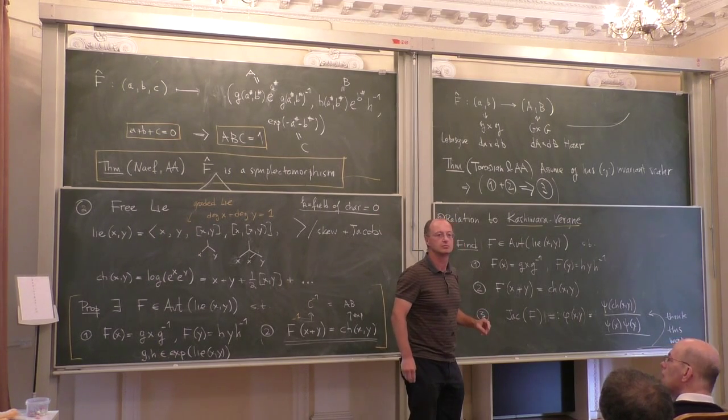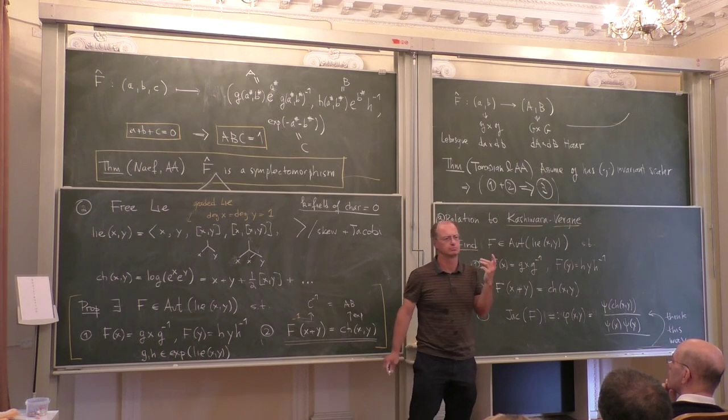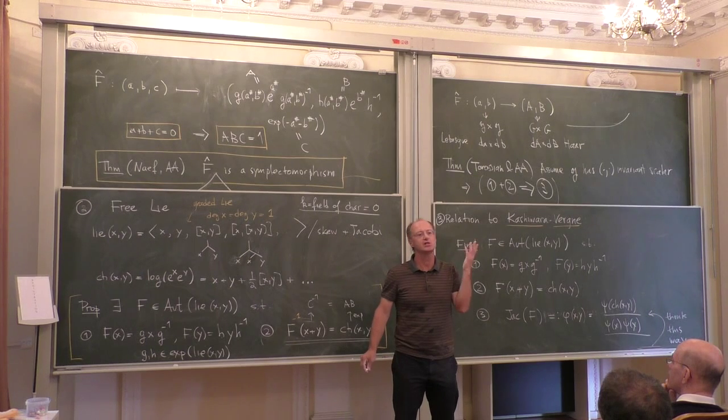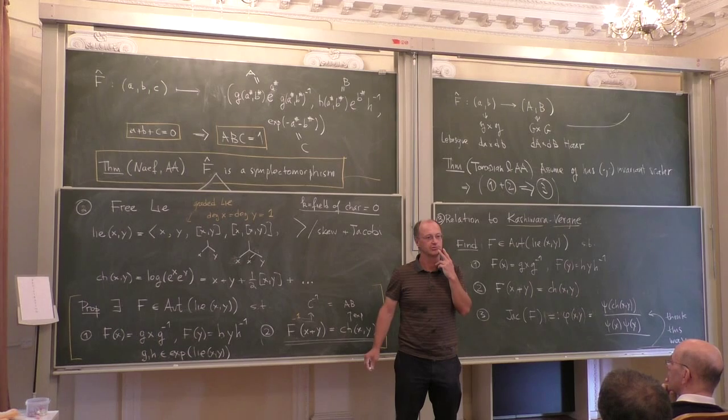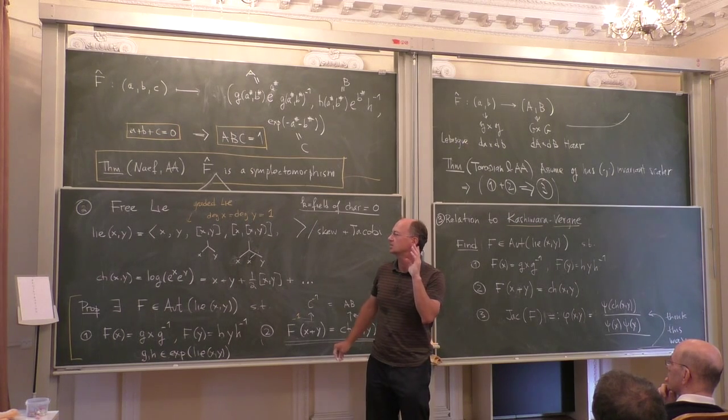No, there is just one scalar. Lebesgue measure, by definition, is translation invariant.